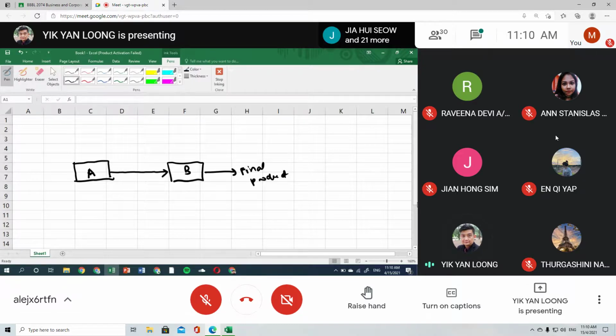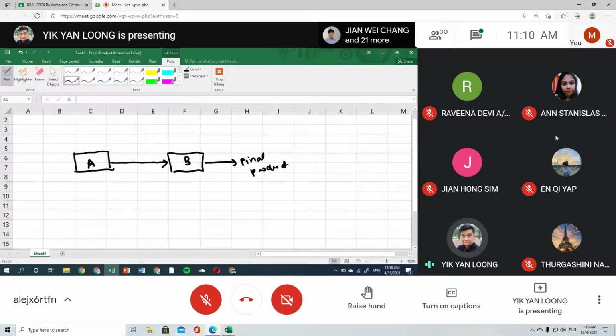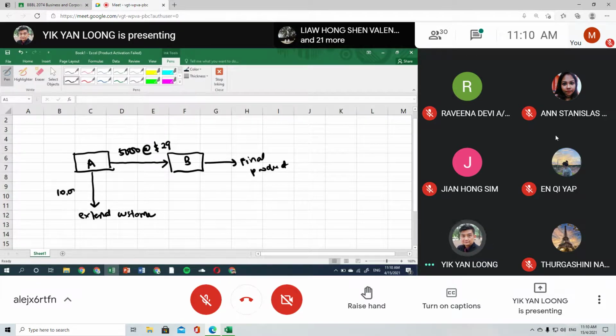Division A will also sell this component to external customers. The current arrangement here is that A transfers 5,000 units to B at a transfer price of 20 ringgit. At the same time, A sells 10,000 units to external customers at a selling price of 30 ringgit.